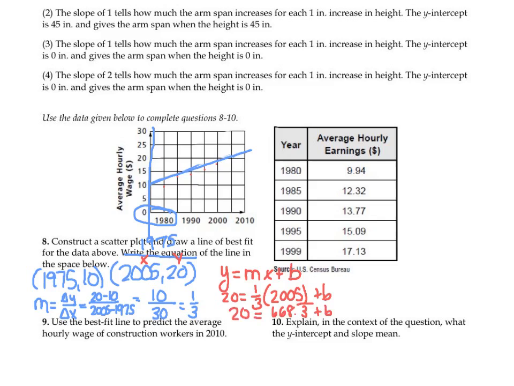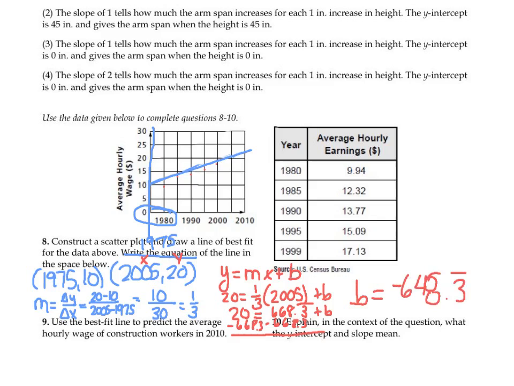And now we're going to subtract the 668 from both sides. That gives me 648.3 repeating. And so we know that b equals negative 648.3 repeating.